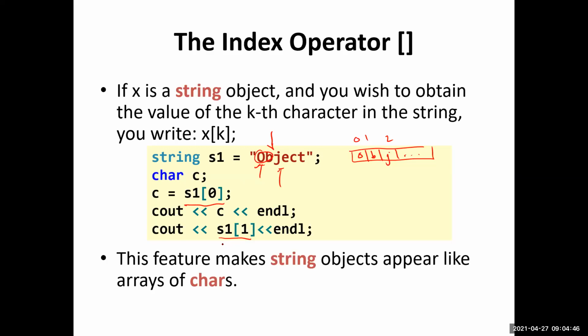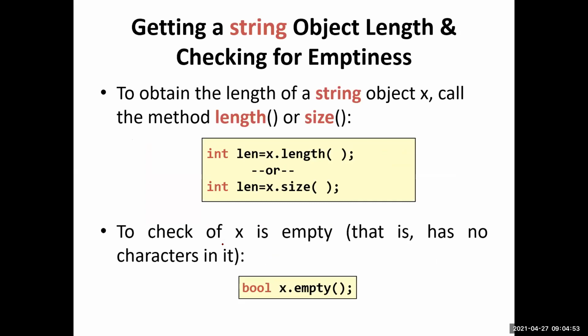Similarly, when you are dealing with characters, an important thing is that you should know how many characters are in a string. For that, again, you have useful functions. Basically, there are two functions, but they do exactly the same thing. If you have a string, you can call the length function or the size function. They tell you the total number of characters in a string, and it does not include the null character.